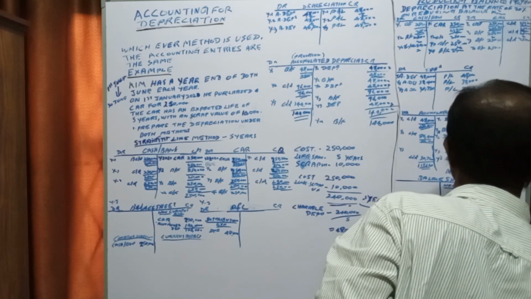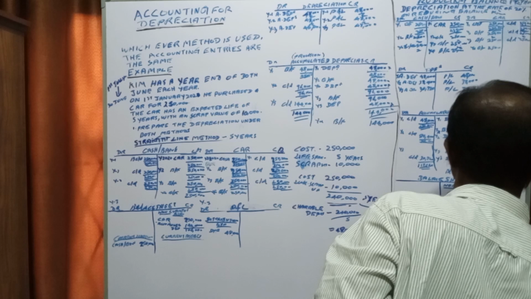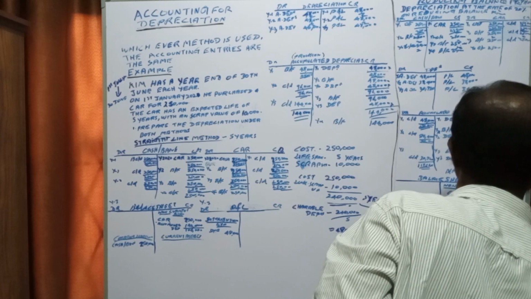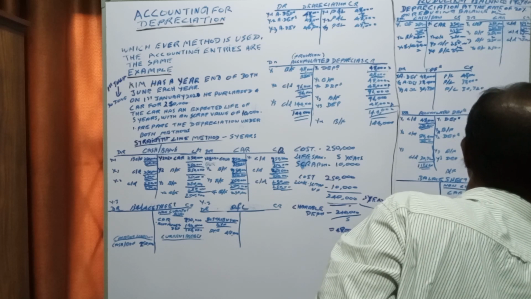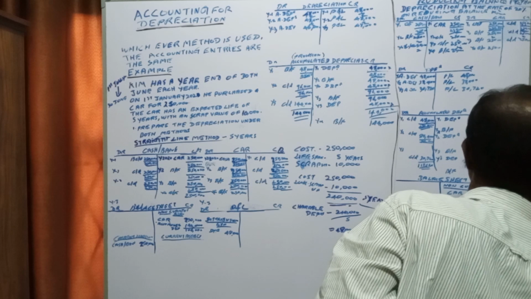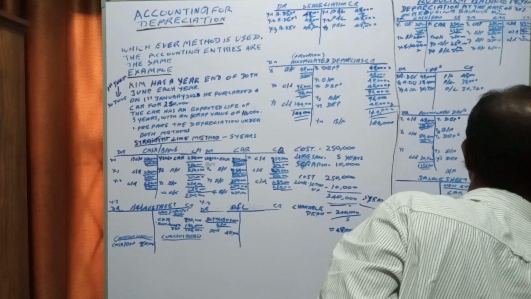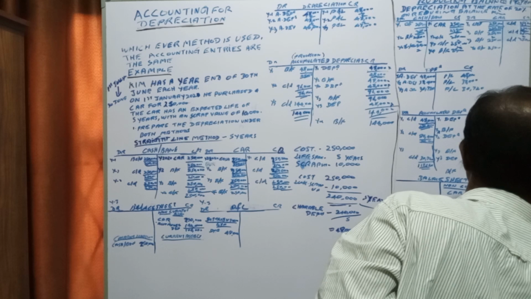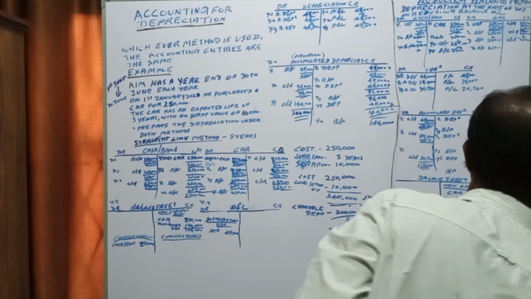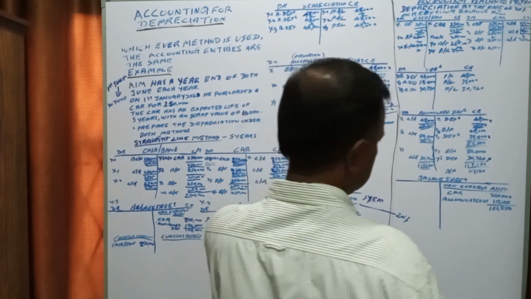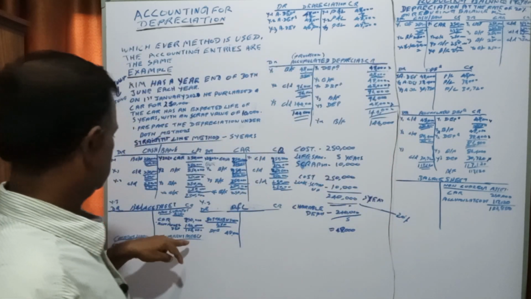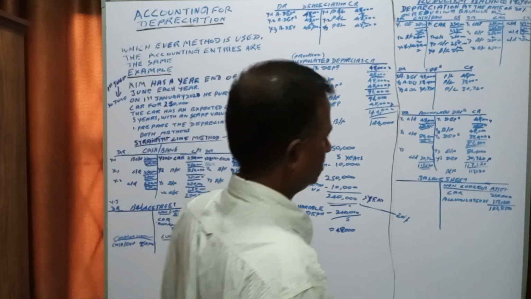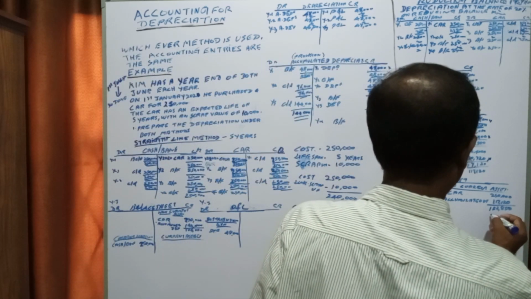Accumulated depreciation is 117,120, so the carried balance is 132,880. Here 106,000 carried balance. Here book value is more.